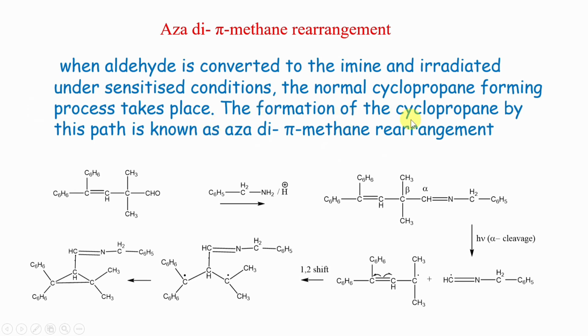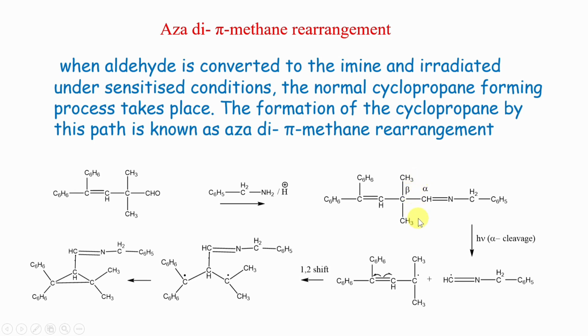The formation of the cyclopropane by this path is known as the Aza-Di-Pi-Methane rearrangement. This aldehyde, on treating with this amine, this benzyl amine, in the presence of an acid, forms this imine. This imine on irradiation, alpha cleavage, see here is the alpha-beta bond, alpha cleavage takes place here.